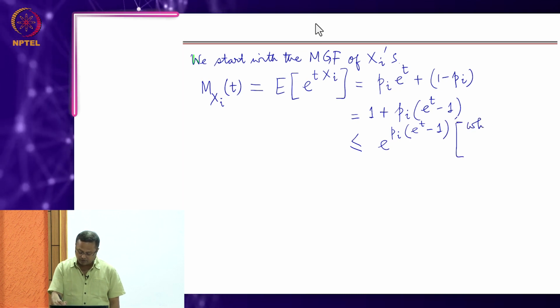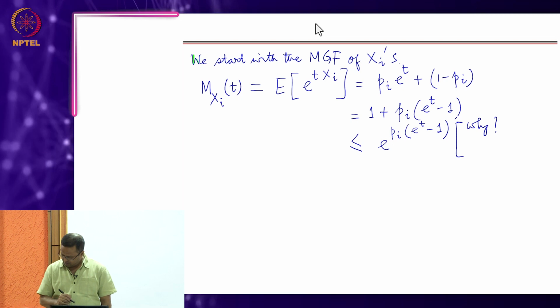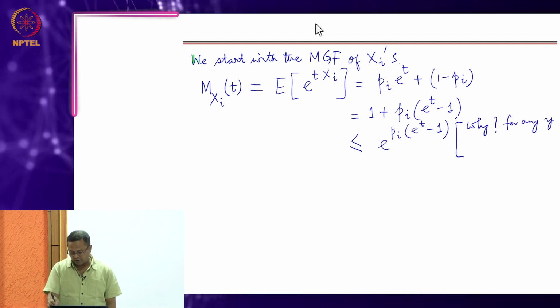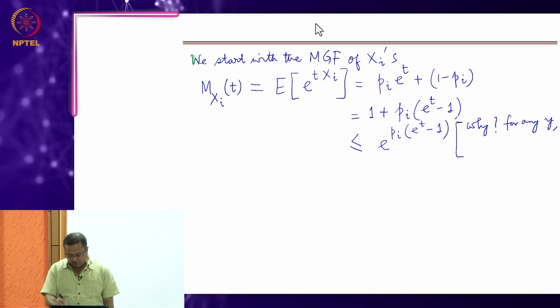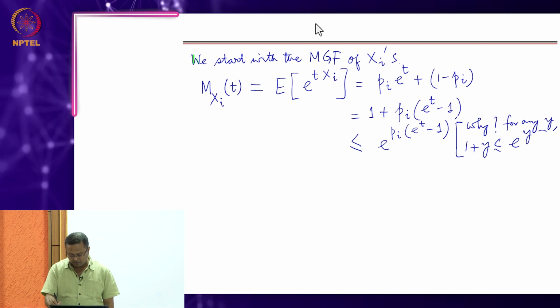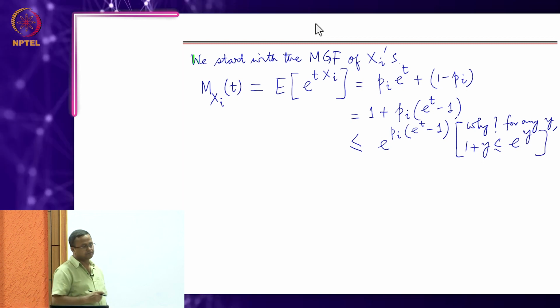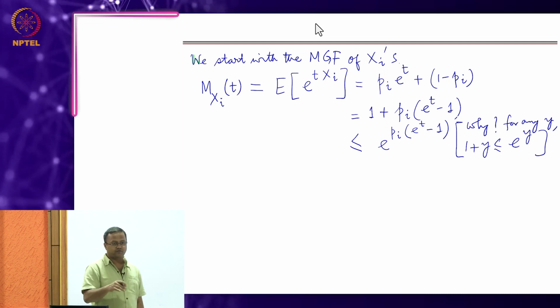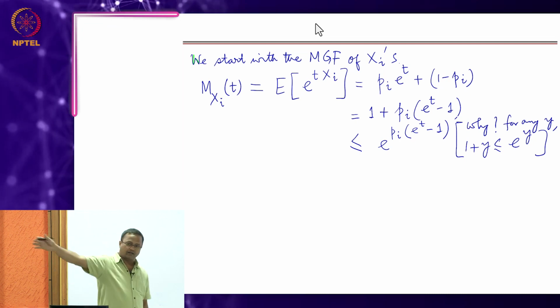Why? Because for any y, you can write this, right? Because if you expand e to the power of y, you get 1 plus y square by 2 factorial, so on and so forth. So, I am just neglecting the higher terms.